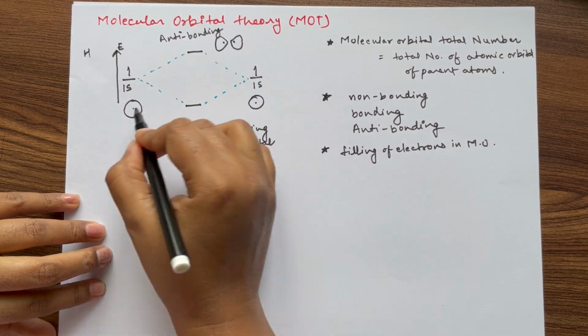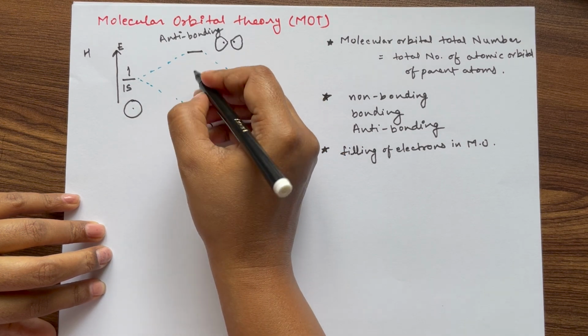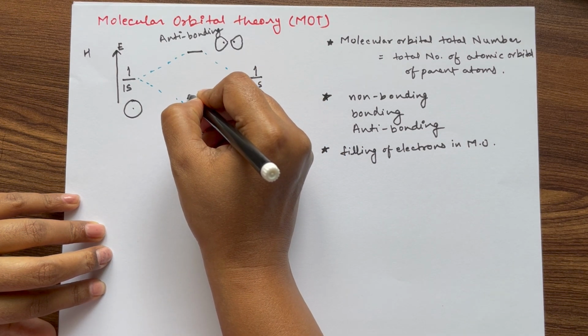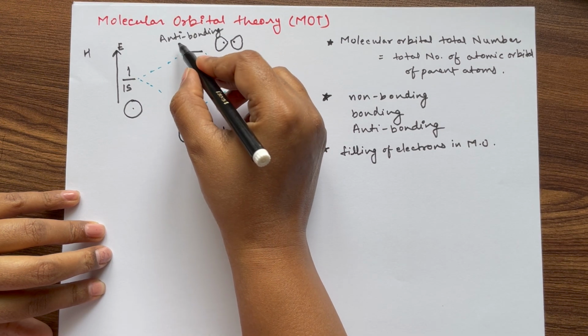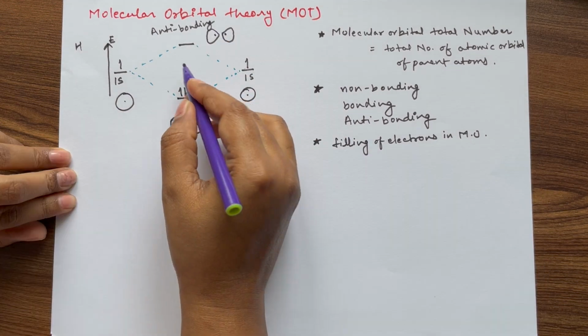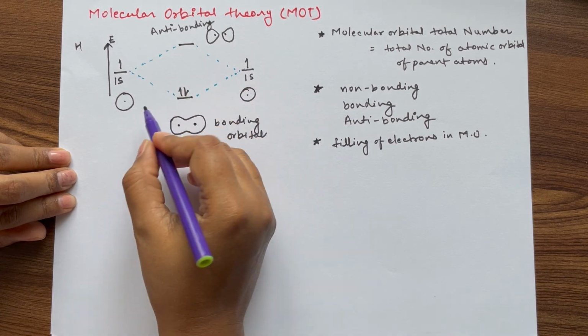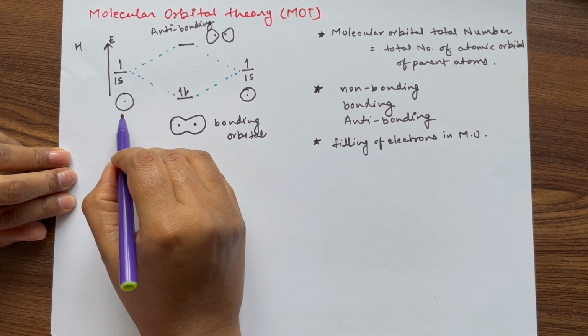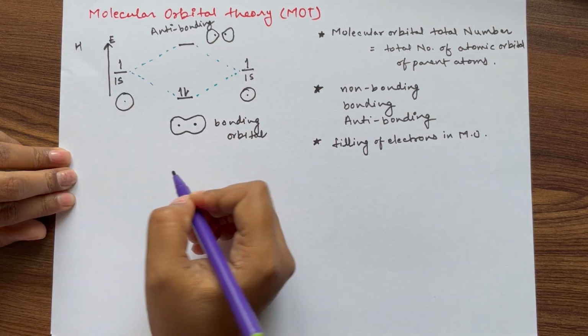So in case of two hydrogen atoms, both these electrons will occupy the lower energy state, and the higher energy orbital, that is anti-bonding orbital, will be empty. This scenario of molecular orbital formation is for two atoms. Here two orbitals are combining to create bonding and anti-bonding orbitals.